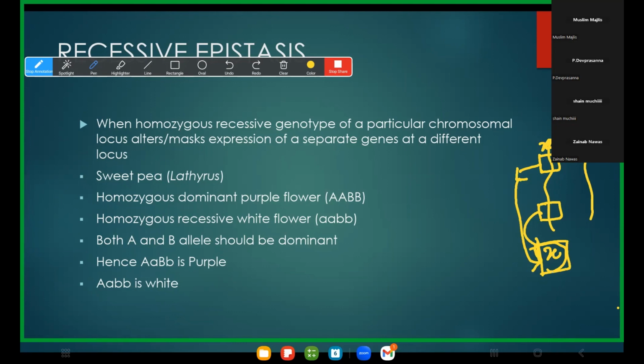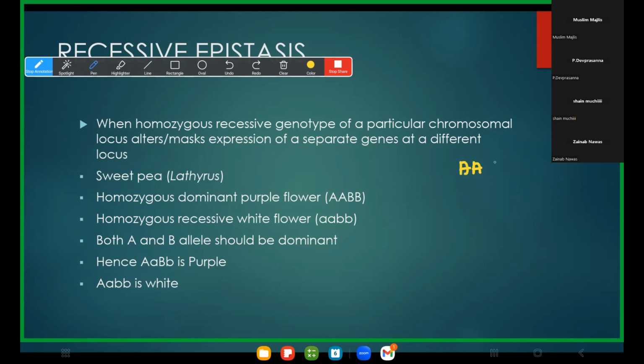So for this, we consider the example sweet pea plant, or Lathyrus. Lathyrus has purple flower color in the dominant state. We consider it to be capital A, and capital B, capital B. And it shows white flower color in its recessive state. So both A and B alleles should be dominant to be colored.